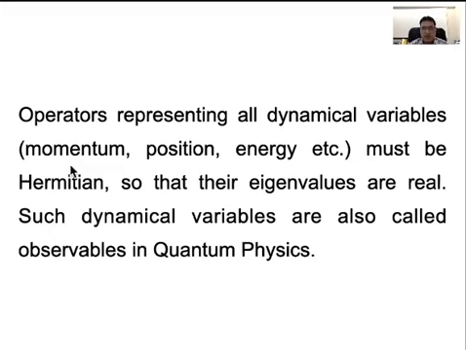Because you are measuring in nature the momentum, position, energy of a particle, and they have to be real, their operator has to be Hermitian and their eigenvalues have to be real. These dynamical variables are known as observables in quantum physics.